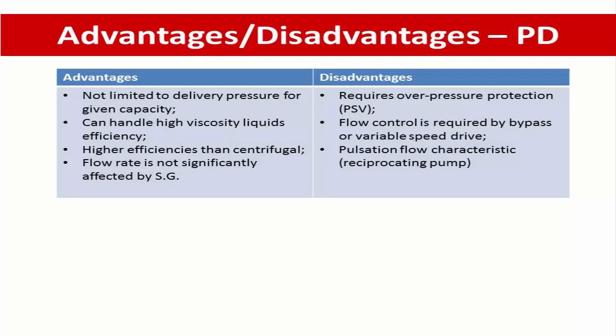Disadvantages of positive displacement: overpressure protection is required, such as pressure safety valves. Flow control is required by means of a bypass system or variable speed driver. Pulsating flow characteristics, such as with reciprocating pumps, so we need a pulsation damper to maintain the discharge pressure of the system.